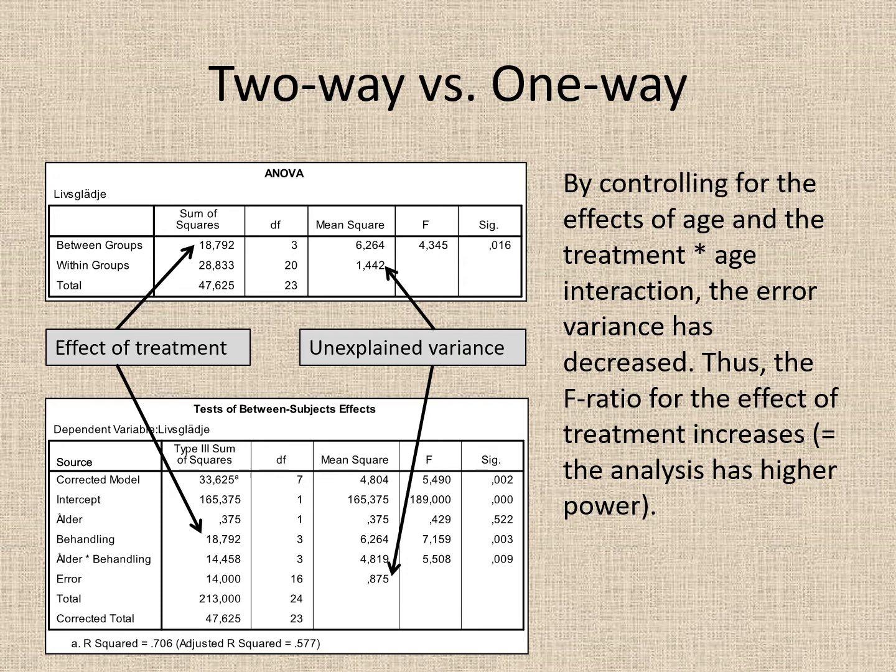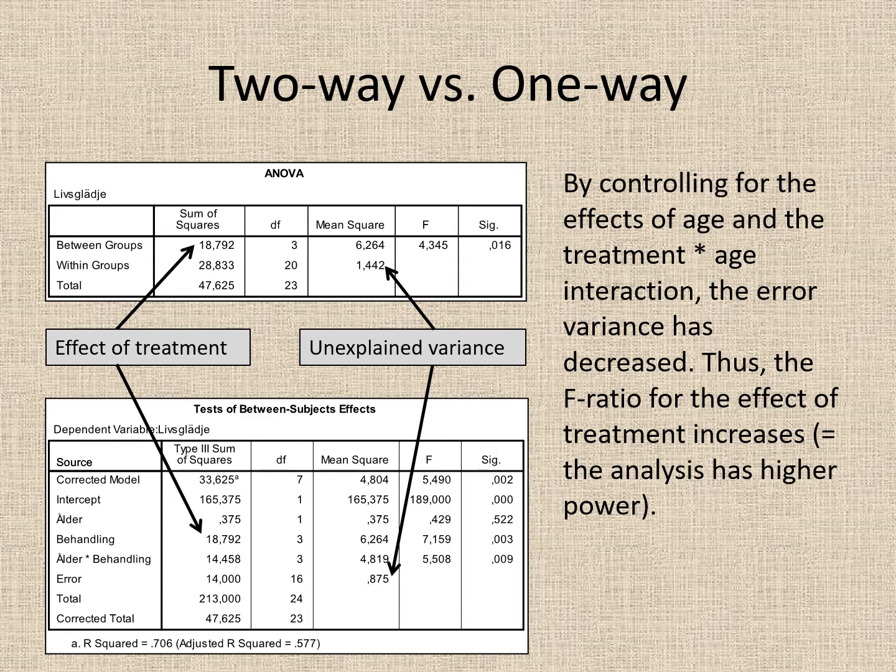It's included in the within groups variance. So what happens here is that the error variance, 14, is smaller than there, 28. And although we have fewer degrees of freedom here, the error variance is still smaller here, 0.9, compared with the error variance there, called within, 1.4.